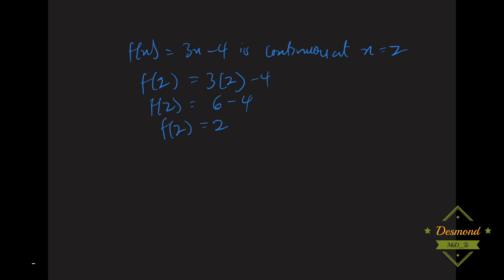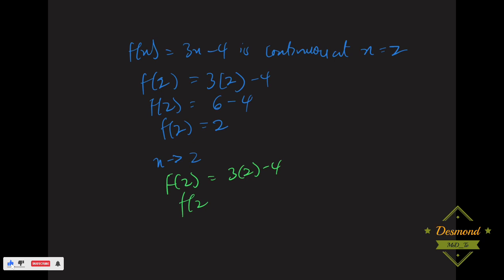Now the next step is to find the limit as x approaches 2. You can follow those steps that I stated earlier. So we find the limit as x approaches 2. That will be f of 2 being equal to 3 multiplying 2 minus 4.